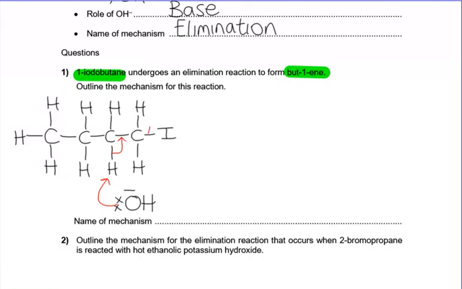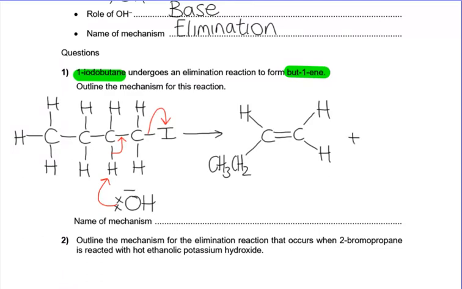And then we're going to break the carbon-halogen bond and move the pair of electrons onto the halogen to form a halide ion. So we have ended up with a double bond between carbon number 1 and carbon number 2. And carbon number 2 has a hydrogen and an ethyl group left on it. And we've been left with some water and an iodide ion. Remember, our mechanism is named elimination.